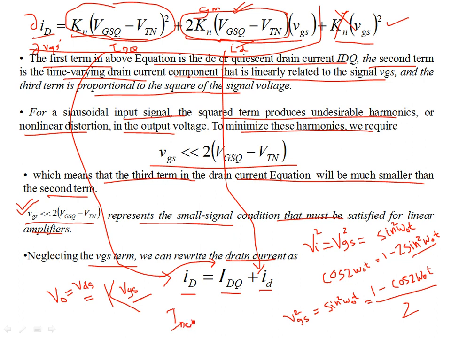The square root of IDQ is equal to the square root of Kn multiplied by the difference term, the overdrive voltage, VGSQ minus the threshold voltage.